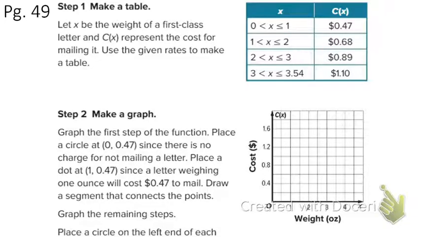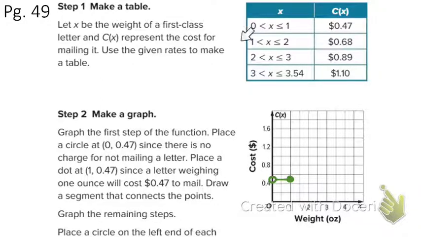I'm going to make a step. It's going to start with an open circle and end with a closed circle, and you're going to connect it. Can't really tell that that's open though. Let me see if I could do better. I'm going to make it extra big so you all can see. Okay, but that's my first step at 47 cents.